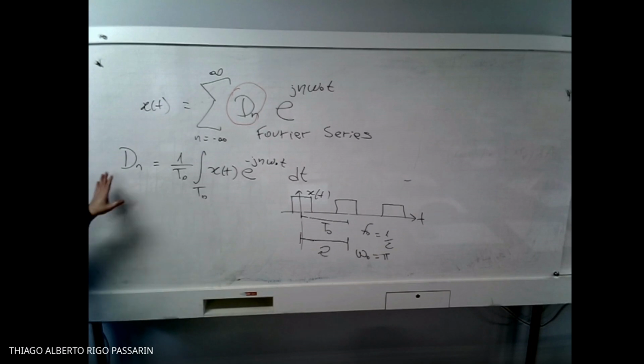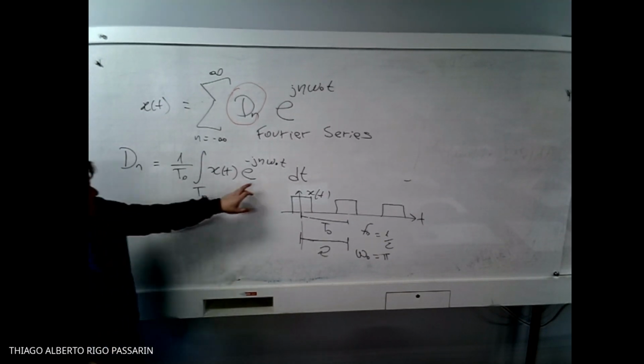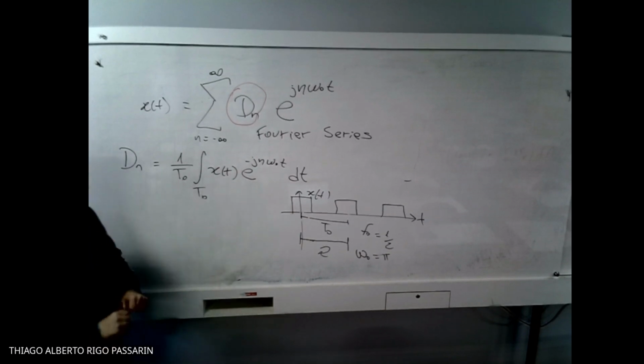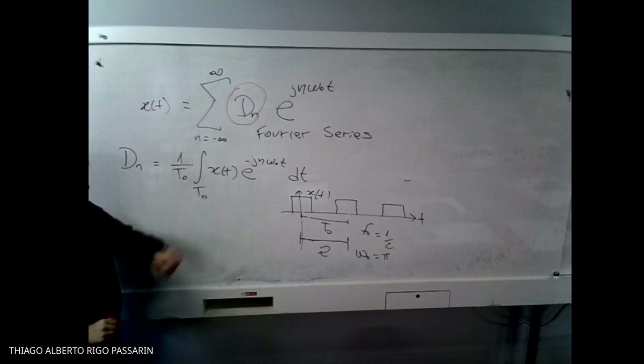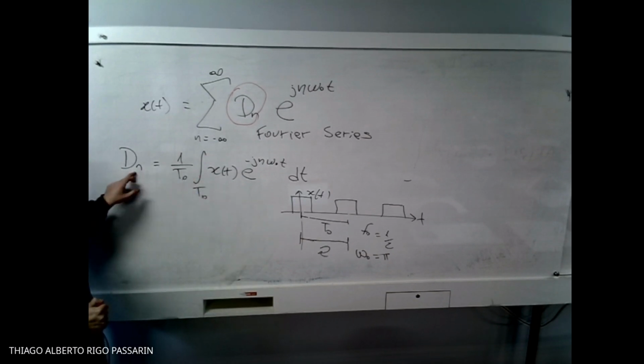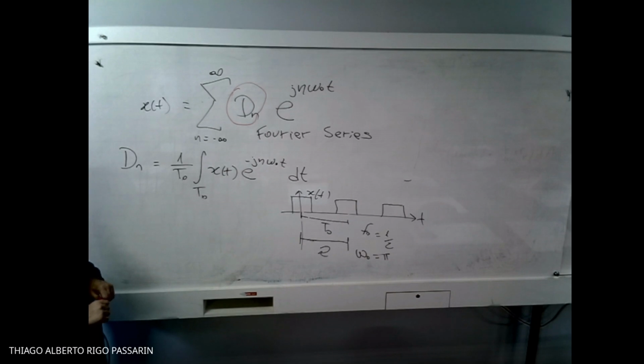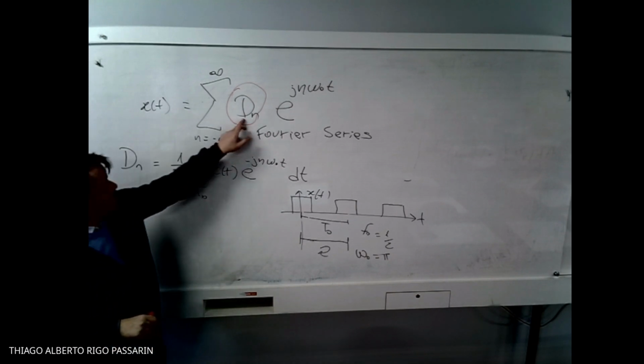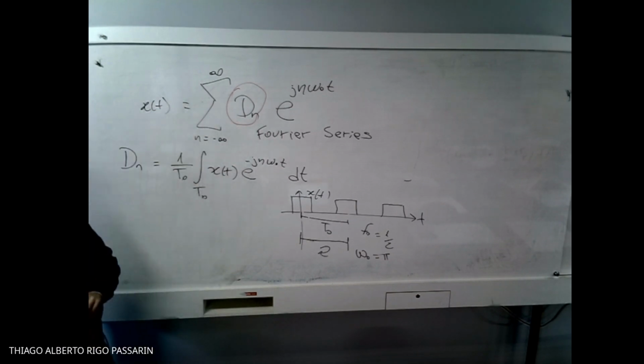And here I have the inner product between each element of the basis and the signal within one period. This will give me dn. Then I plug dn here, and I have a Fourier series representation of my periodic signal.